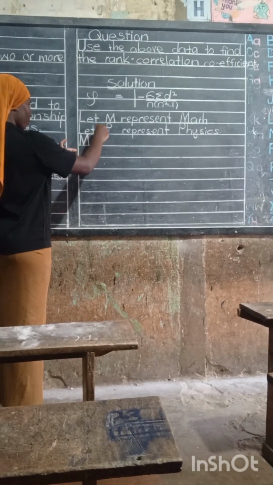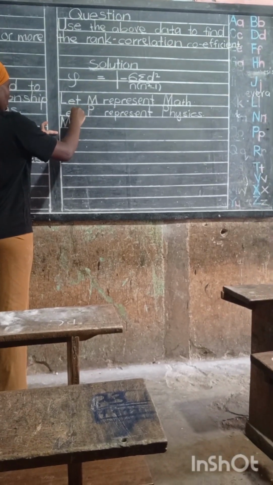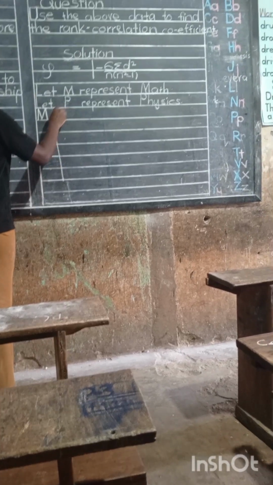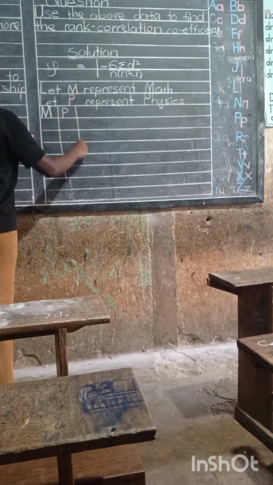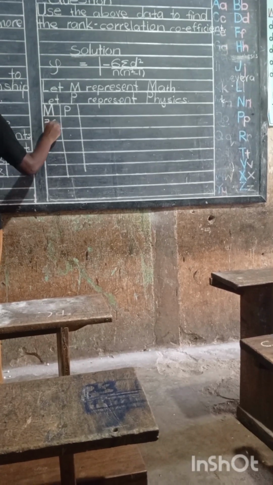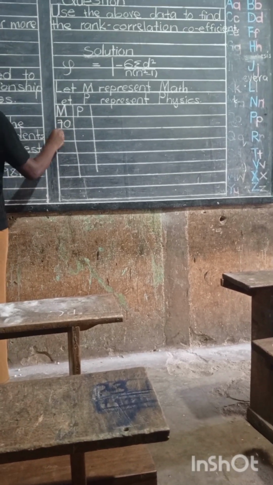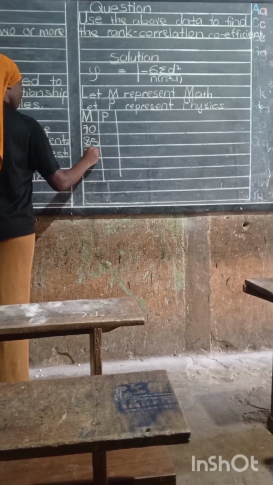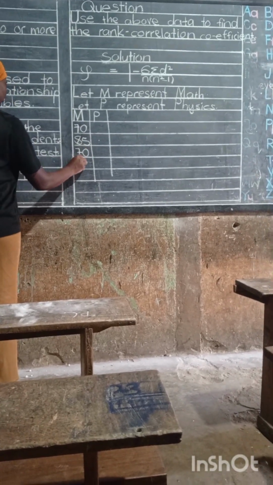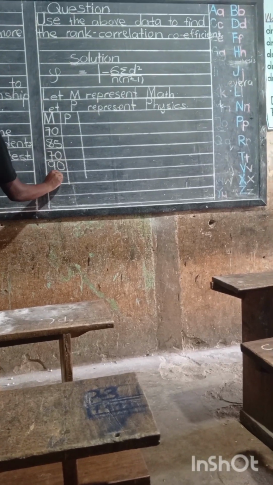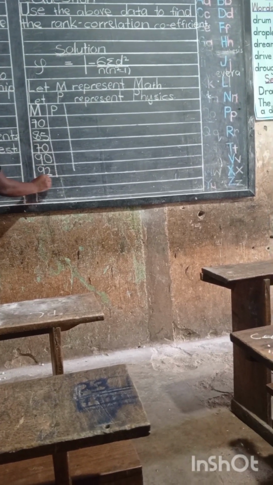I'm going to represent the marks in a vertical form as done here. We have M, which is for math, and also physics, which is P. The first one in math had 70, then 85, 70, 90, 92, 88.